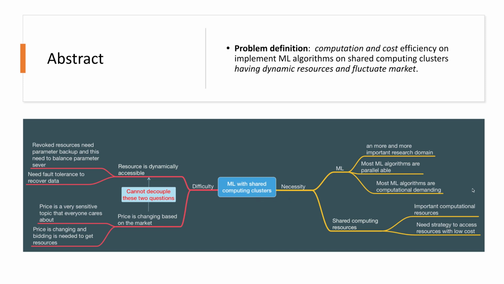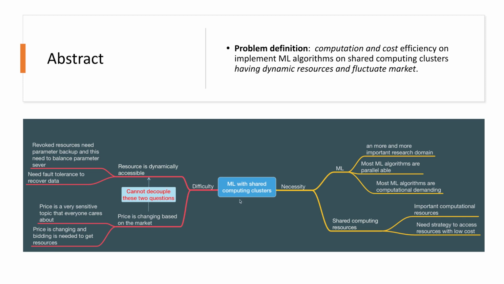Machine learning is a very important topic in this decade, and it is more and more important not only in the computer science domain, but also in other interdisciplinary areas. So people care about the efficiency of machine learning algorithms and need the implementation to be both computationally and cost efficient.